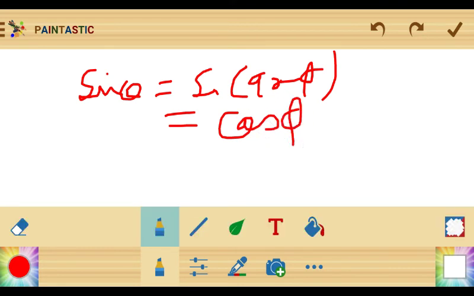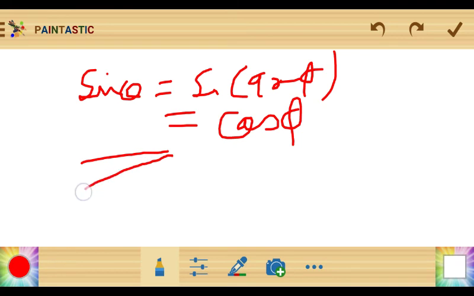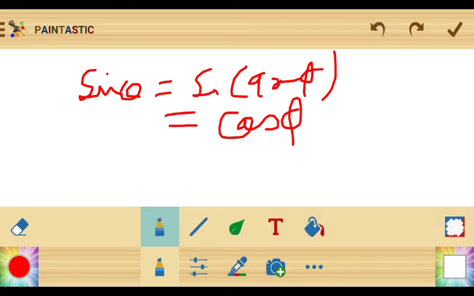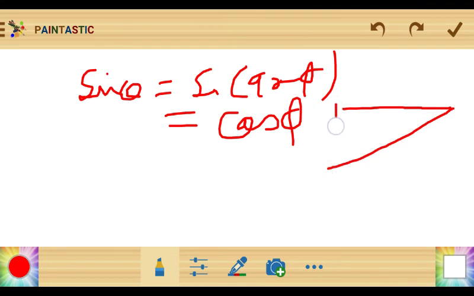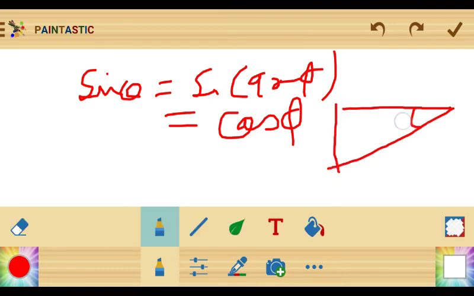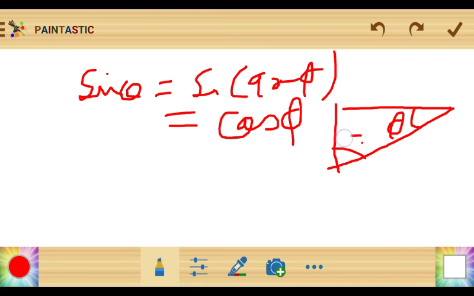Remember cos phi. If you remember, here was your phi and here is your theta.